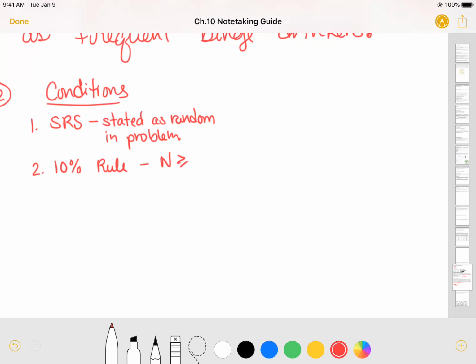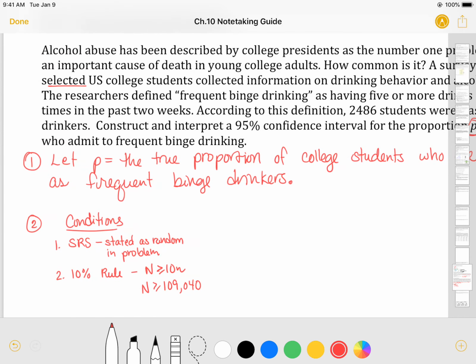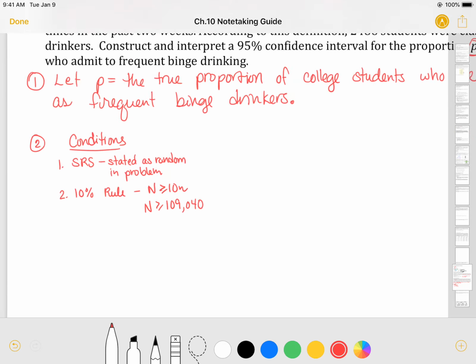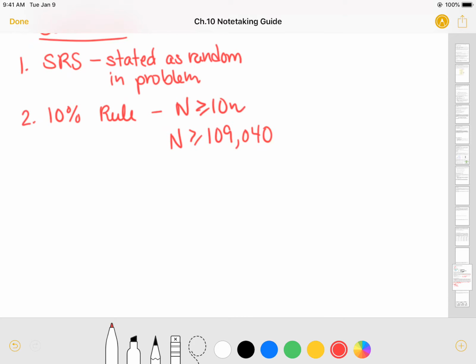So our population has to be at least 10 times our sample size. And our sample size is quite large, but if we add a 0 to that, that means that our population needs to be at least 109,040. And if we're talking about all U.S. college students, I think it's safe to assume that there are at least 109,040 college students.